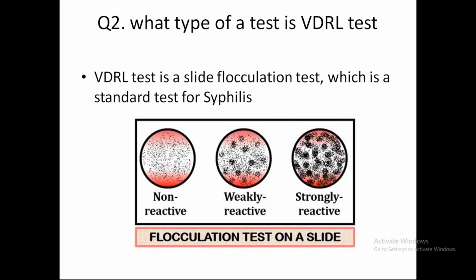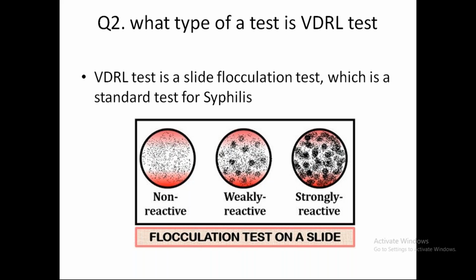Next question. What type of a test is VDRL test? VDRL test is a slide flocculation test, which is a standard test for syphilis. So it is a slide flocculation test. Where have you learned about flocculation tests? In precipitation reactions, right? In antigen antibody reactions chapter, you have learned about these tests.